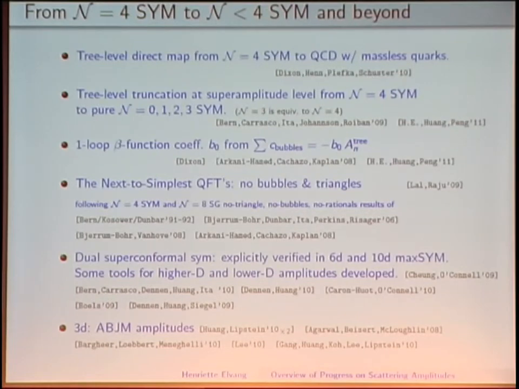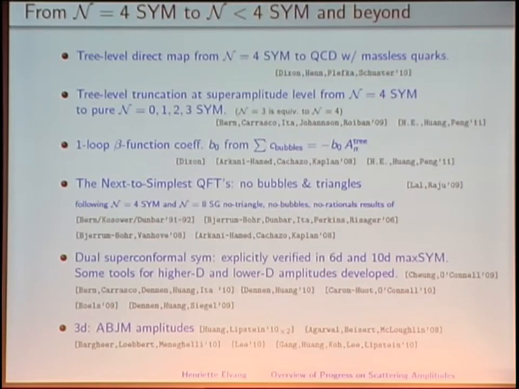You can also do a very simple direct truncation at tree level of the n equals 4 amplitudes to pure Yang-Mills with less supersymmetry. And you can then also see that in these theories for n equals 0, 1, and 2, something is going to be different from n equals 4 because there's a running coupling. The one-loop beta function, for example, is of course non-vanishing.